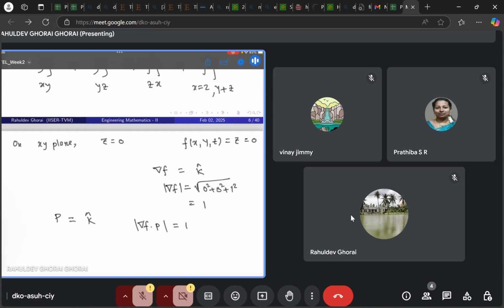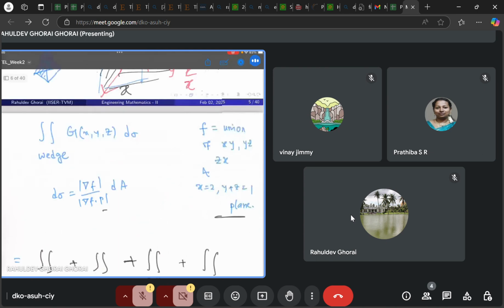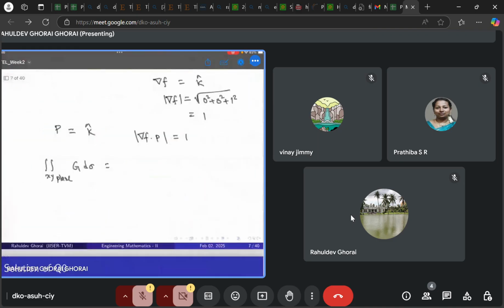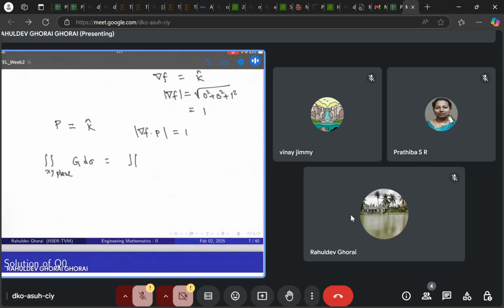Thus over the xy plane, this g times d sigma will be, what is g? G is y plus z, right? But on the xy plane, z is 0.